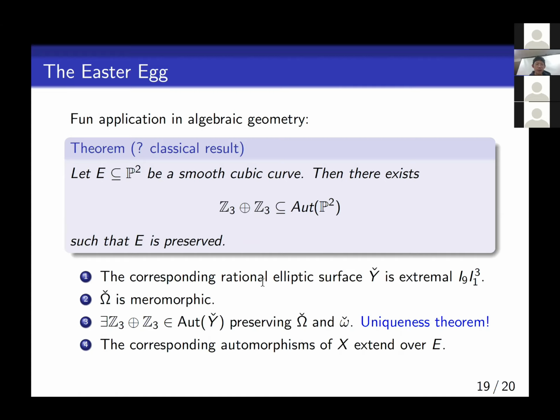It says that given a smooth curve inside P2, you can always find a Z3 times Z3 inside the automorphism group of P2 that preserves this smooth curve. This is quite a standard result, but I'm going to give you a 100-page proof of it.